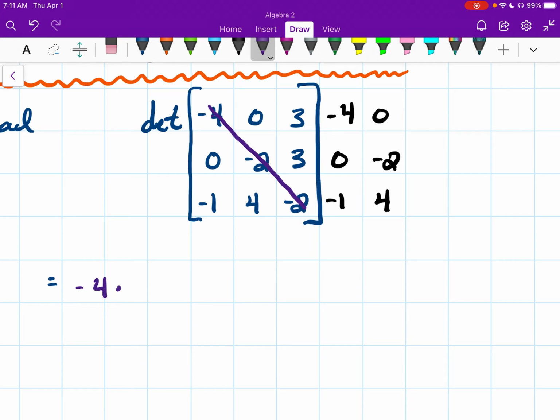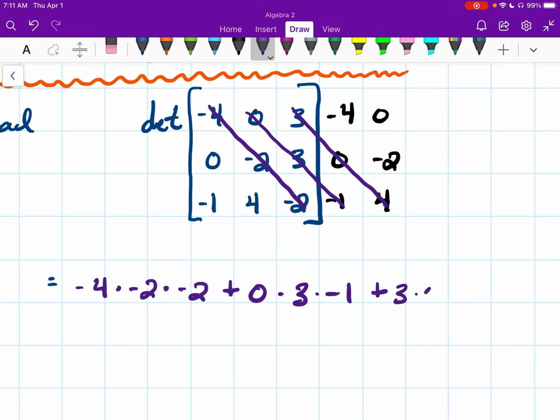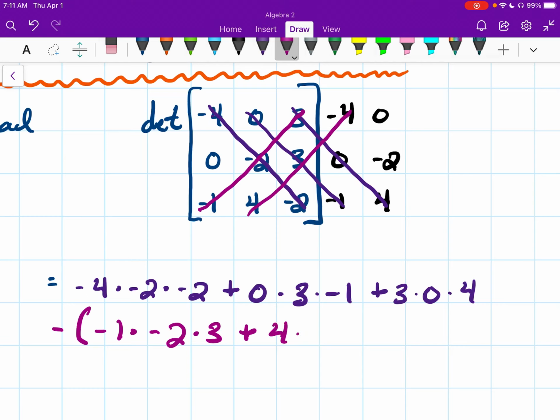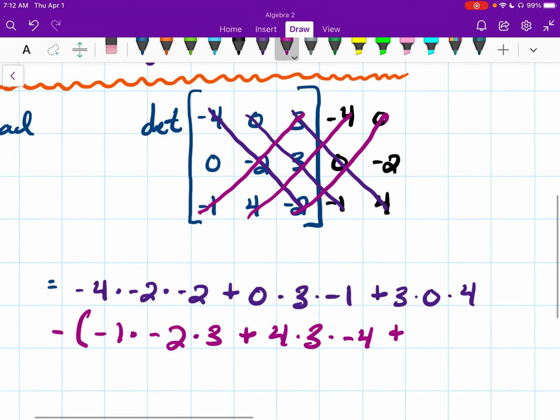So -4 times -2 times -2, 0 times 3 times -1, 3 times 0 times 4. And now we'll switch, and we'll have minus parenthesis, and we'll go up. We'll have -1 times -2 times 3, 4 times 3 times -4, and -2 times 0 times 0.